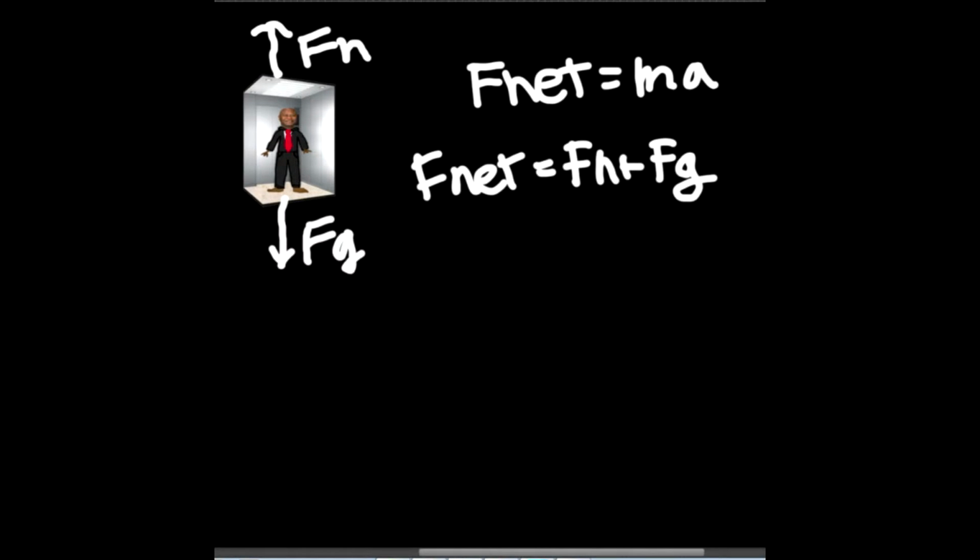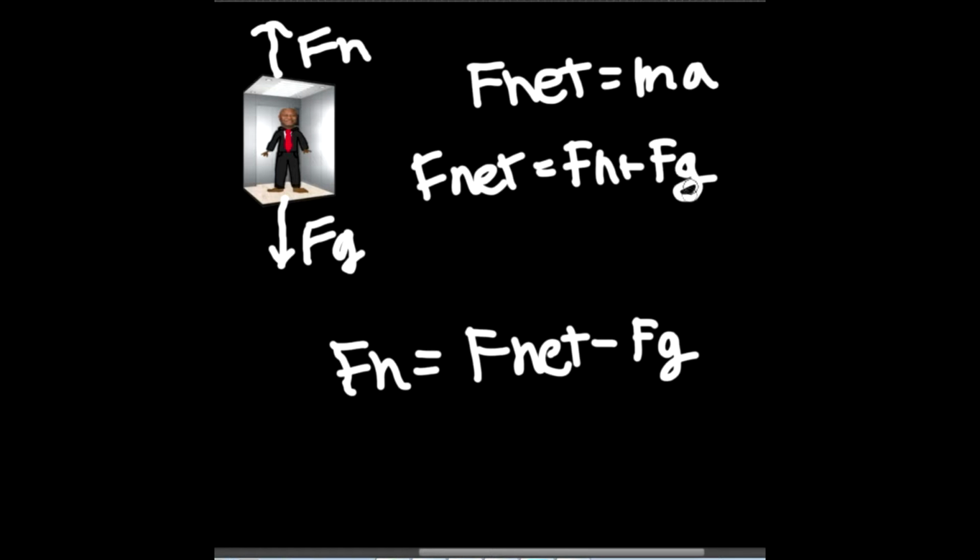We would then manipulate the variables in order to solve for our normal force. So F normal equals F net minus force of gravity, because we would subtract this force of gravity and put it over to the other side.